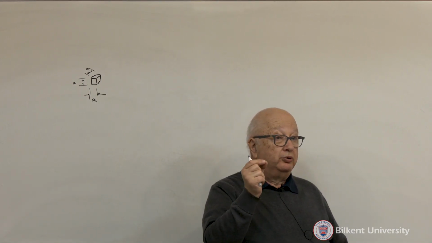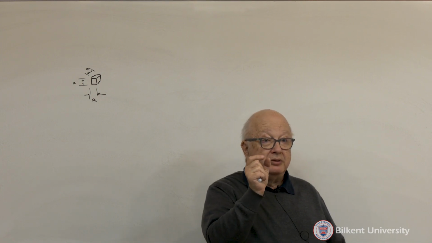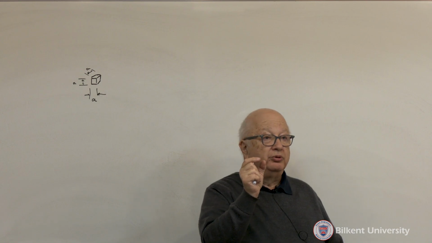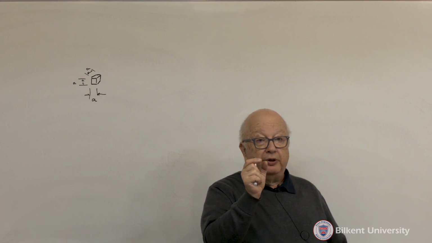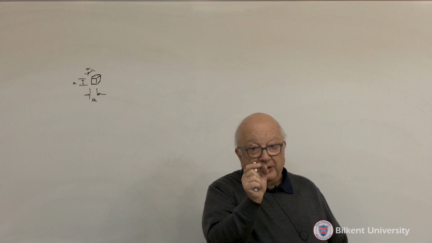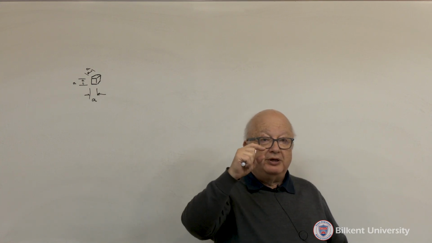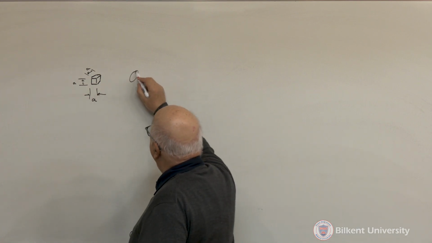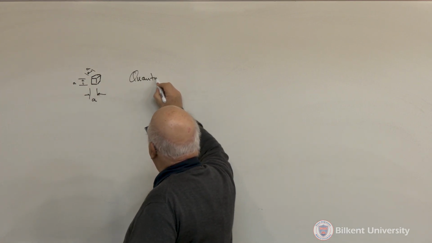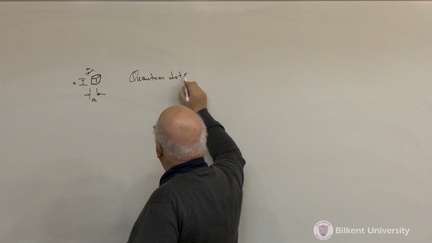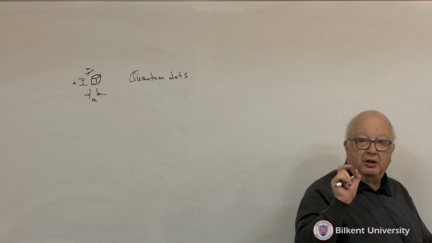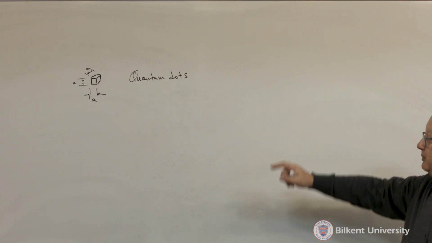So it has quantum wavelength size dimensions in all 3 dimensions. So it's going to be perhaps a few nanometers this way, a few nanometers that way, a few nanometers that way. Such things are called quantum dots. It's an exaggeration, it's a dot, but you see, this is 0-dimensional.